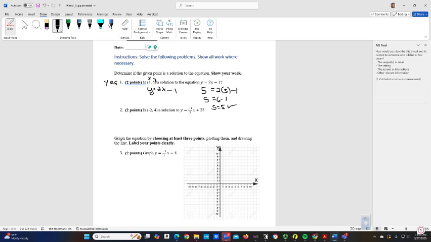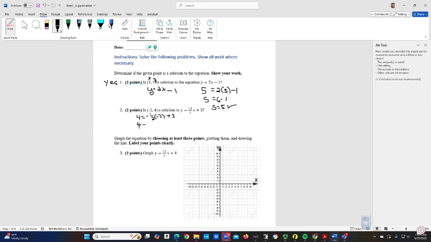All right, looking at the second one, same process. So we have the ordered pair -2, 4. Is that a solution for y equals -1/2 x plus 3? So we're going to say 4 equals -1/2 times -2 plus 3.